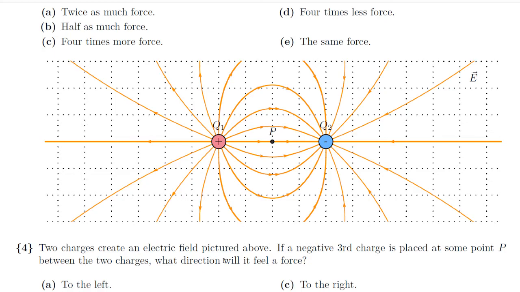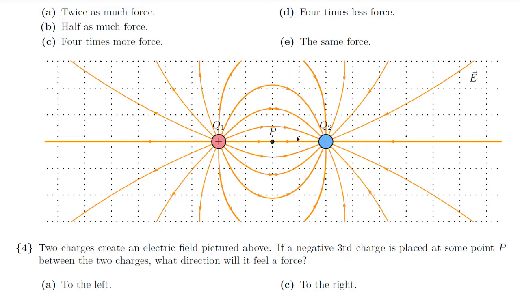So in other words, if you put that negative charge at point P and you ask which way does it feel a force, well, the rule of thumb, based off of what we know, is that positive charges feel a force in the direction of the electric field, while negative charges feel a force in the direction opposite to the direction of the electric field.